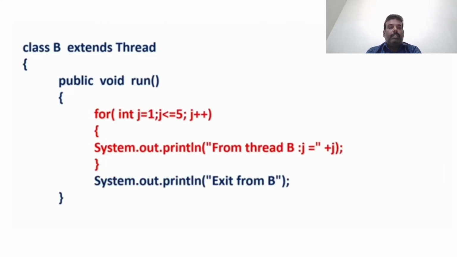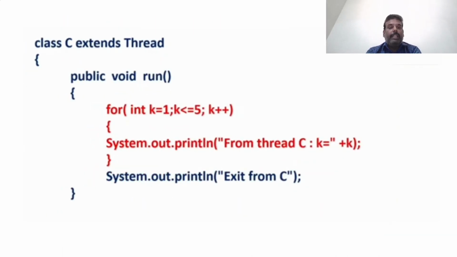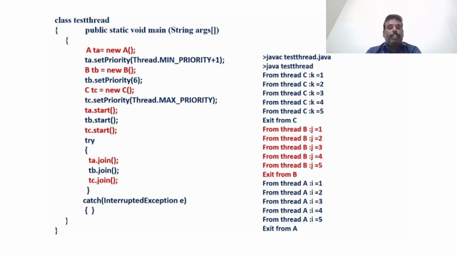I'm going to run 3 threads simultaneously, and I want a particular thread to execute first, so I'm going to give the condition in the main function: public static void main(String[] args), first class object, second class object, and third class object. In setting priority, class A gets minimum priority, class B I'm giving priority 6, and third class, class C.